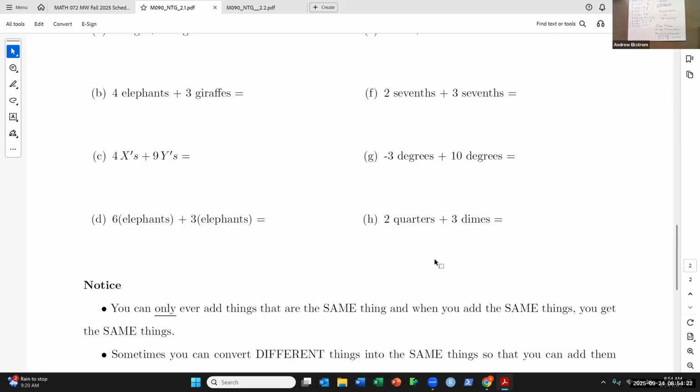A dime is worth 10 cents. We can convert it, go from dimes to pennies, and say 10 pennies. And then even though those are two different denominations of money, we can still add them together because they have an actual relationship.